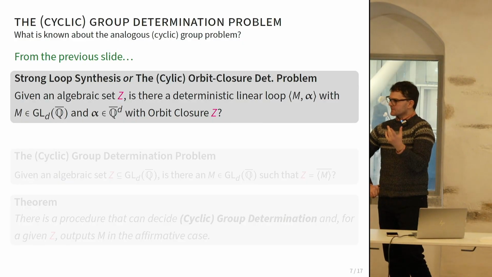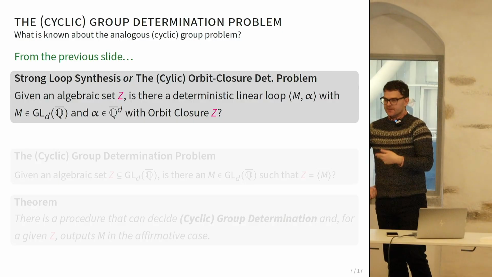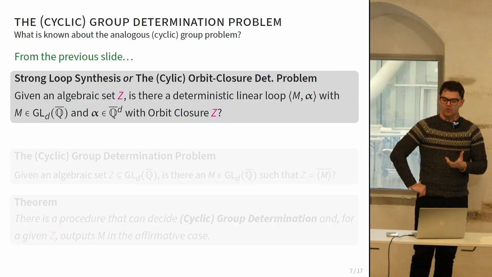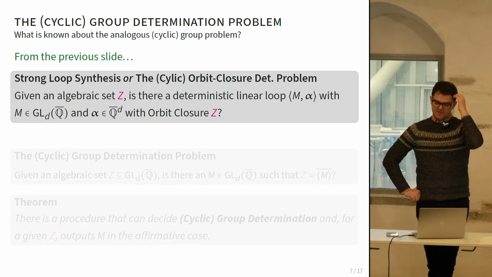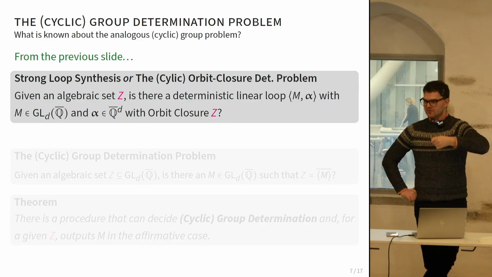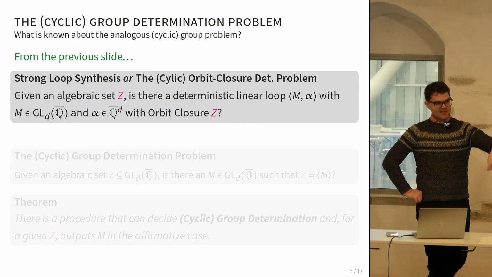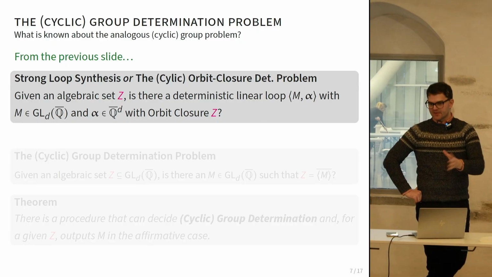So I can think of this as the action of a cyclic group acting on a single vector. And we'll call that the cyclic orbit closure determination problem here. It literally says, I've taken my favorite set defined by polynomials, and I ask whether you can explore this set in such a way that I output a loop.